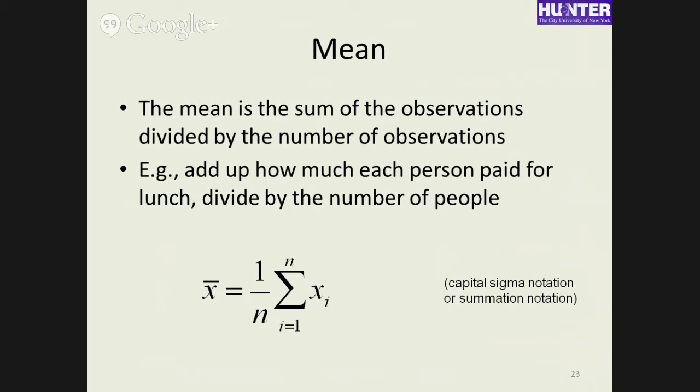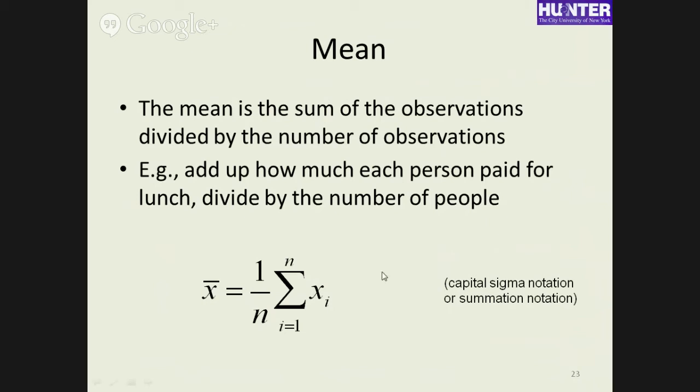So this is called capital sigma or summation notation. This is the Greek capital letter sigma, and all it means is a sum. So if x is a quantitative variable, each individual observation is x_i, we're using a subscript i here, where i between 1 and the number of records represents each individual.